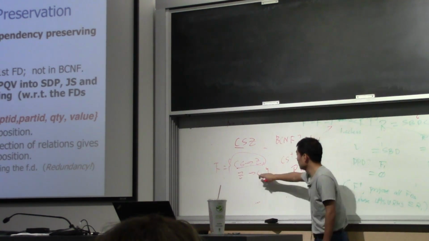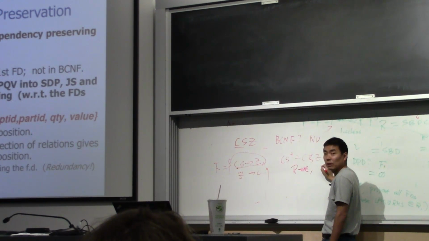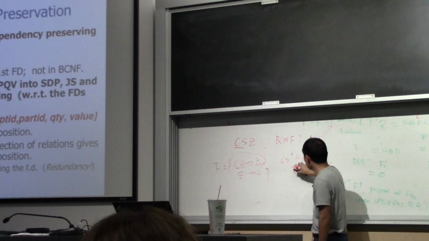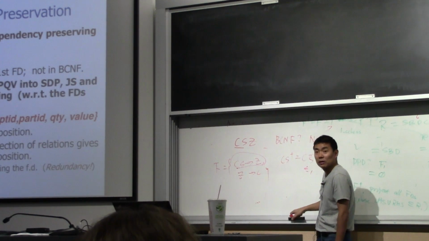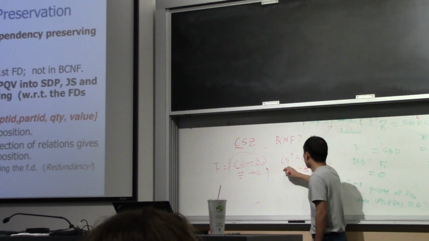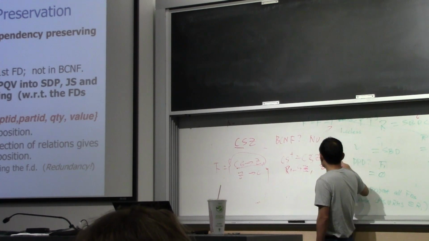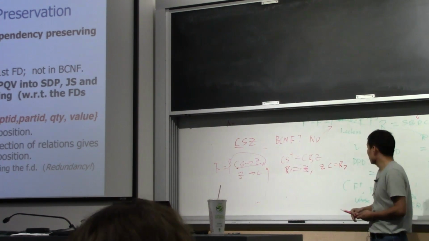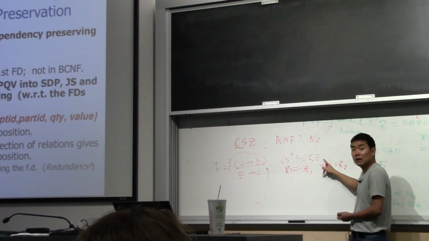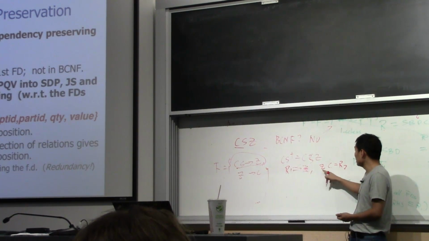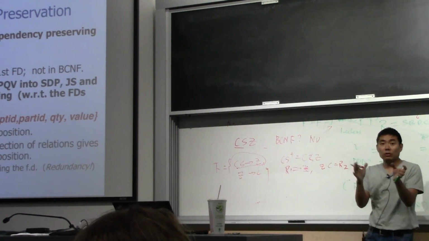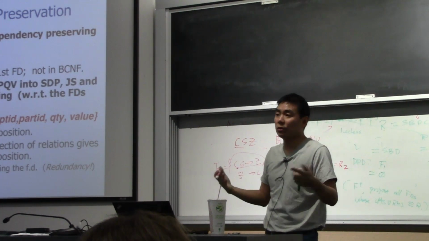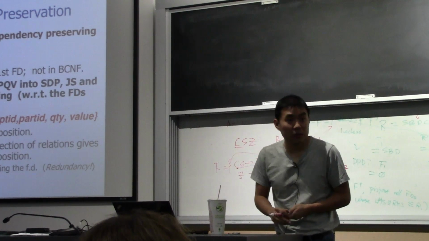Y is C, and XY is D and C. So your R1 is this, and this is R2. You follow me? And this is guaranteed to be a lossless join decomposition. Why? If you do an intersection of them, you get D, and D determines C, so D determines R2. The intersection determines one of them, by the earlier theorem I told you, so this is guaranteed to be lossless.